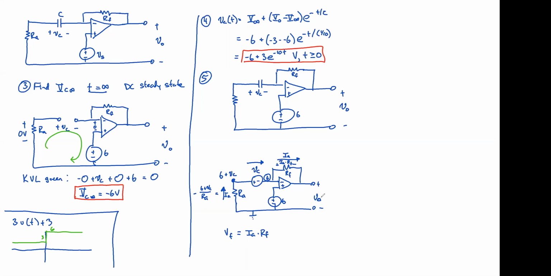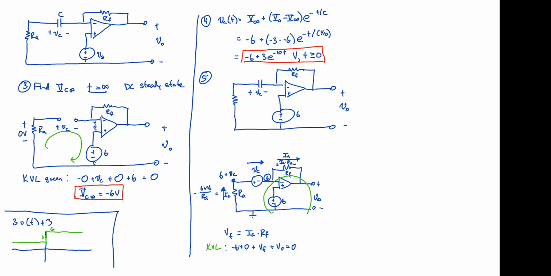Now I could do a KVL around my green loop. Starting from down here, I get minus 6, going across these inputs has to give me 0, plus my V sub F, plus my V sub naught equals 0.